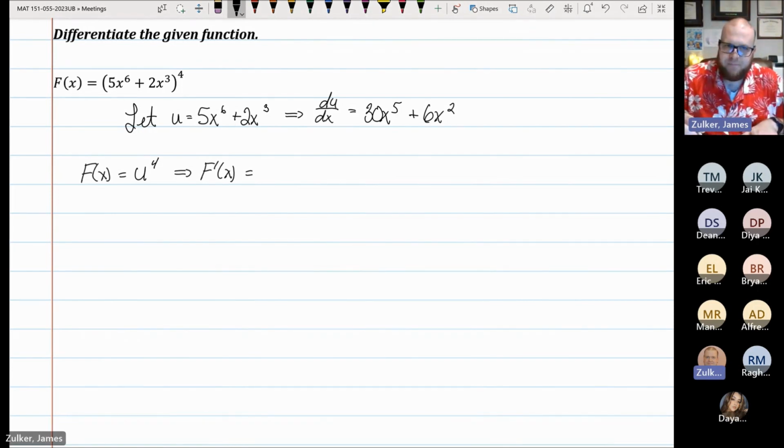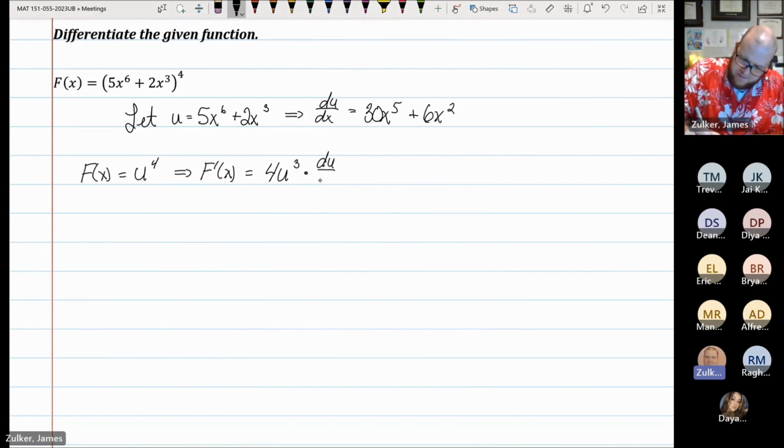This means that f prime is 4u cubed times du/dx.